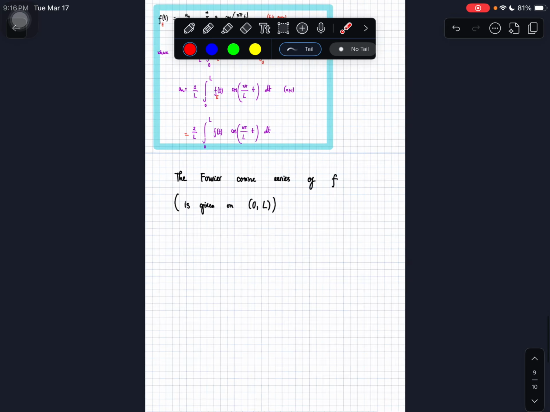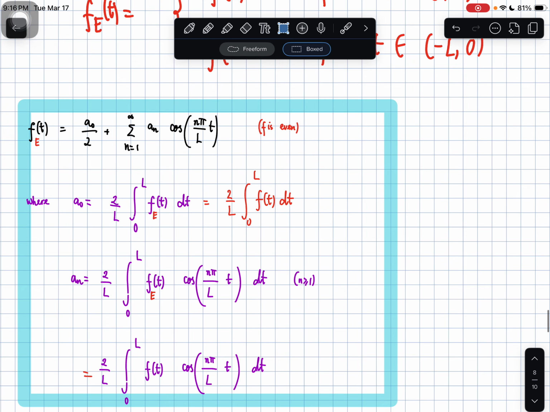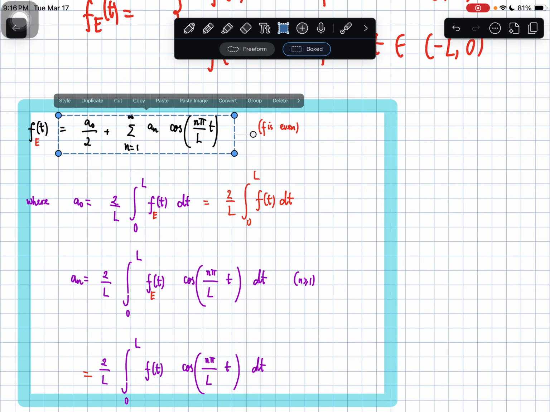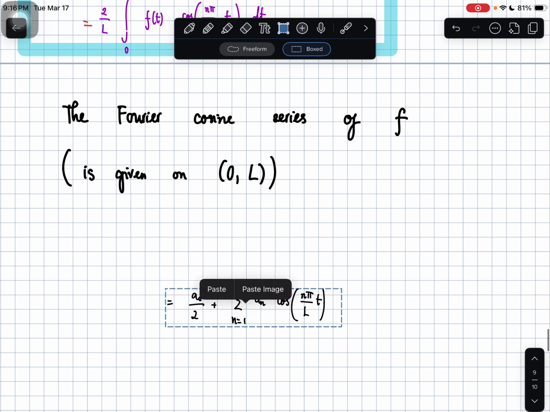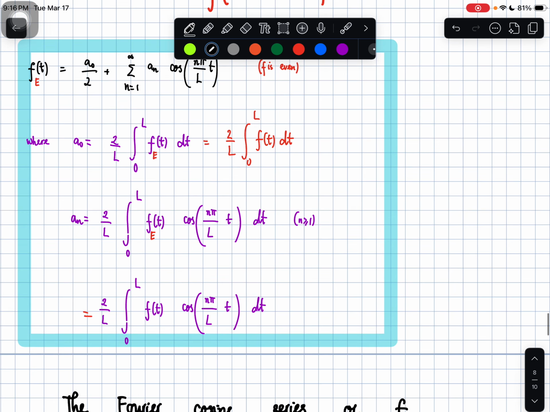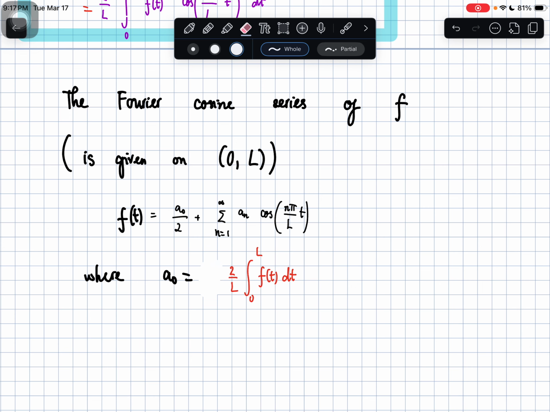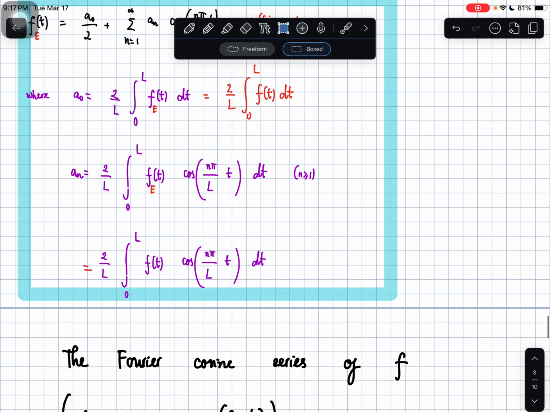The Fourier cosine series of f is then given by this formula. f of t is equal to this, where a0 is given by this integral, and a n is given by this integral.